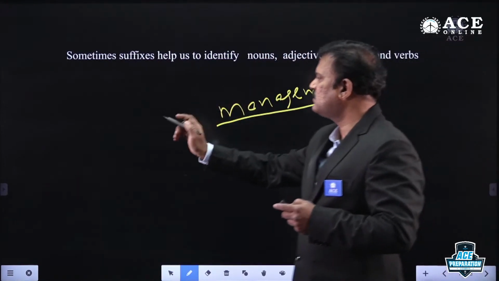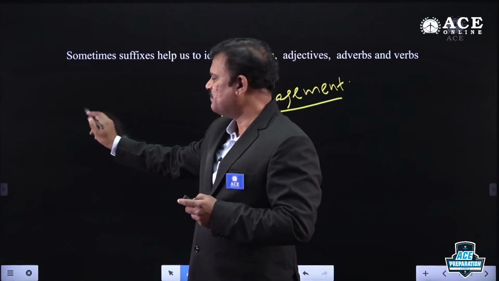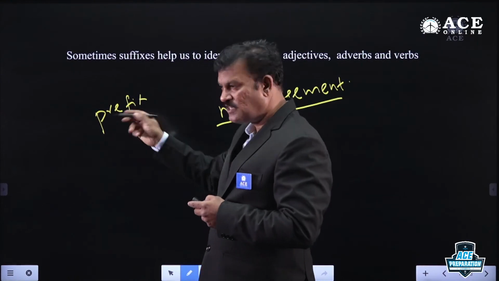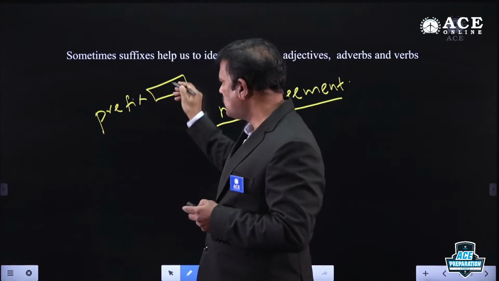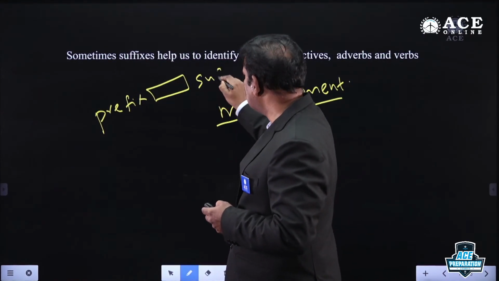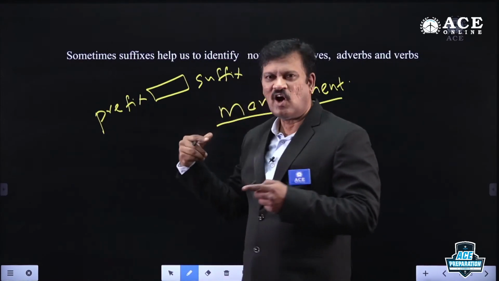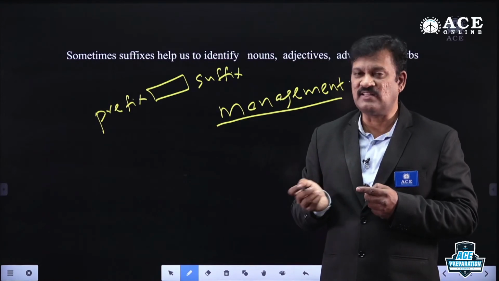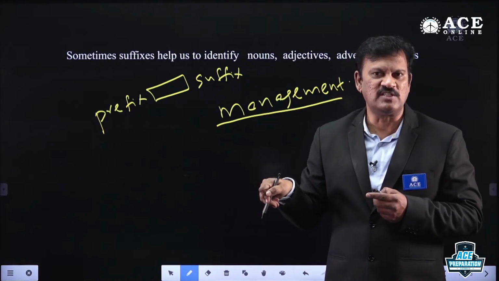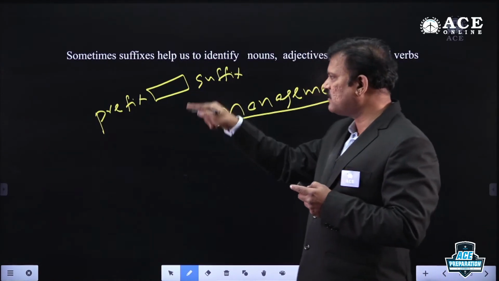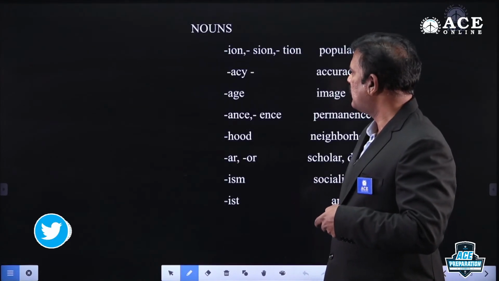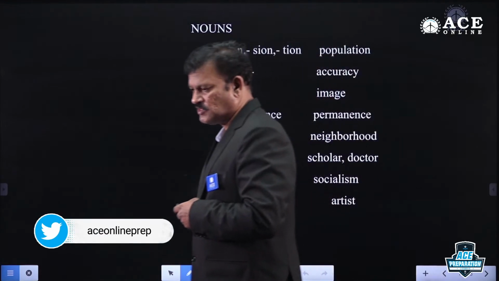What are suffixes? A word is made like this: prefix, fixing before; body or root; and suffix, the tail of the word. That helps me identify this. It doesn't mean it is always that particular part of speech, but initially you can say, by birth this is this. Now what are these? I expect answers from your side. Check it out.